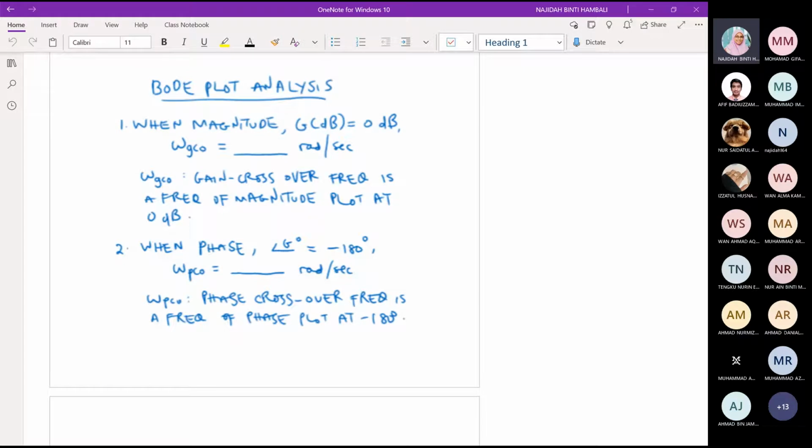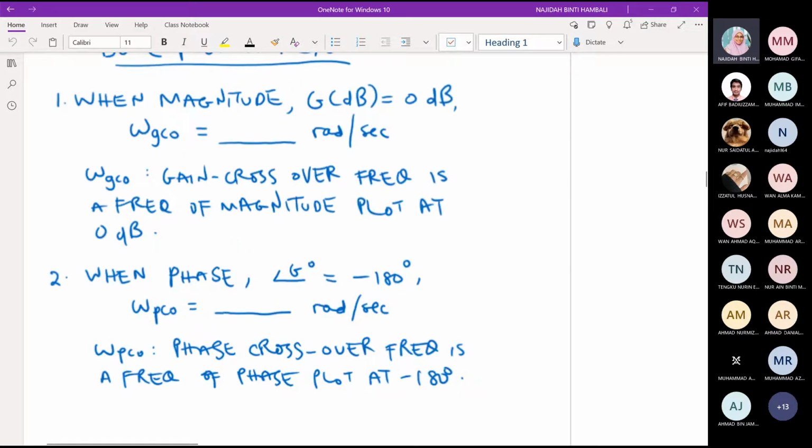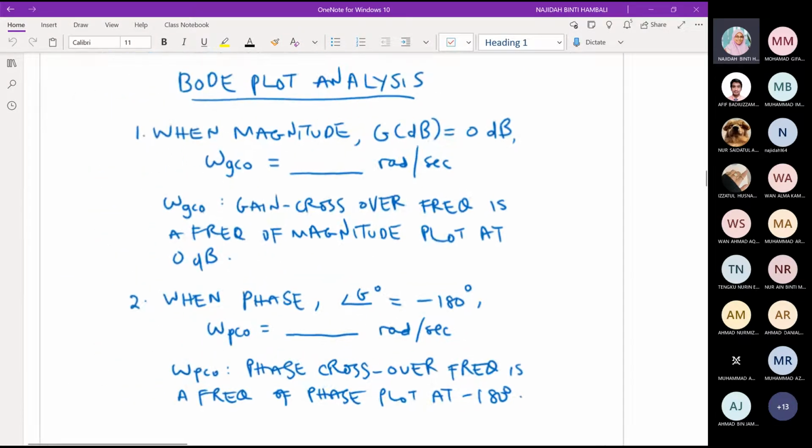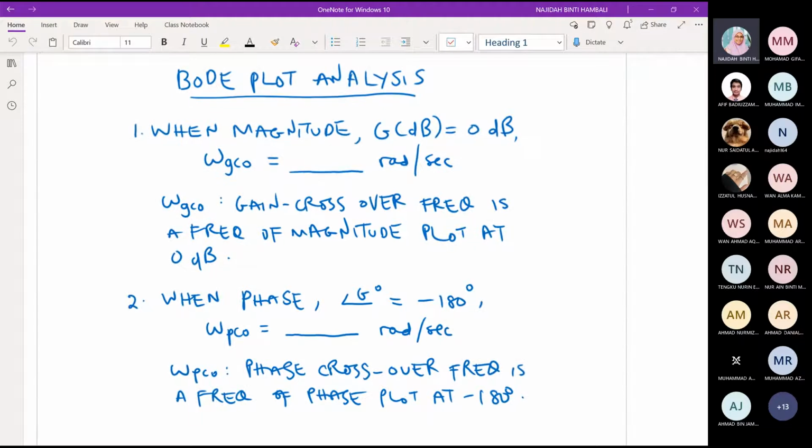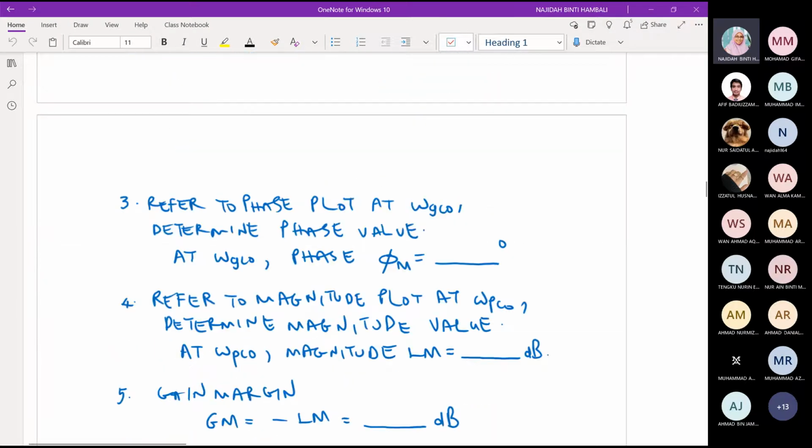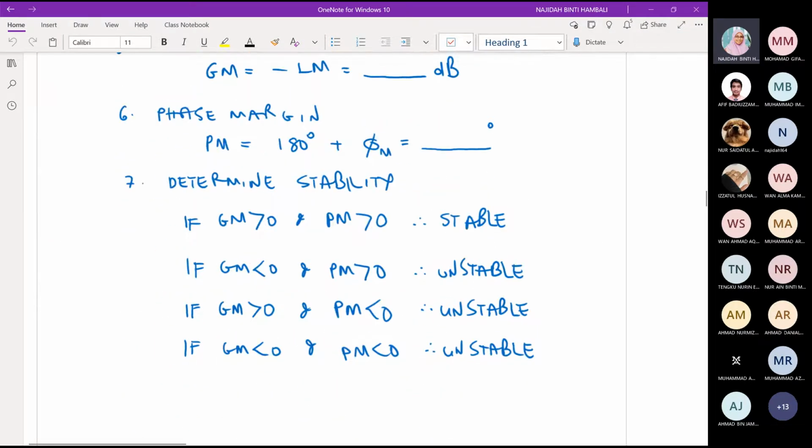Okay, this is where you have to analyze your Bode plot. If the question asks you to determine gain margin, phase margin, gain crossover frequency, phase crossover frequency, and finally determine the stability of the system.